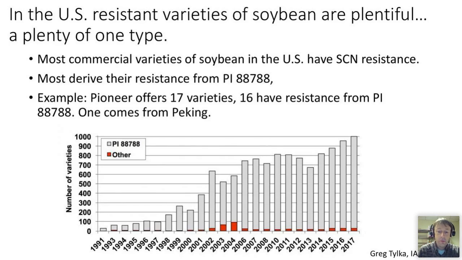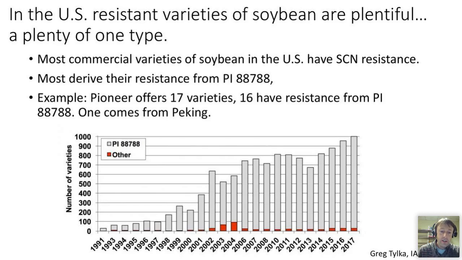To illustrate this point more, I have some data from my colleague Greg Tylka at Iowa State, who tracked the abundance of resistant varieties over time since he started his faculty position back in 1991. And here on the y-axis is the number of SCN resistant varieties, and we can see it's increased over time.